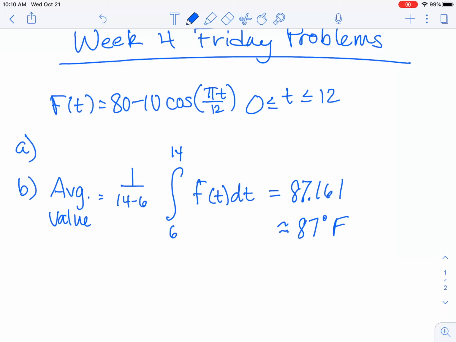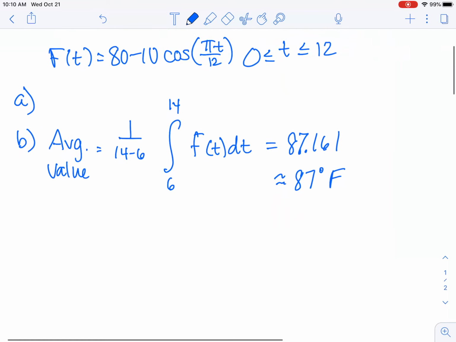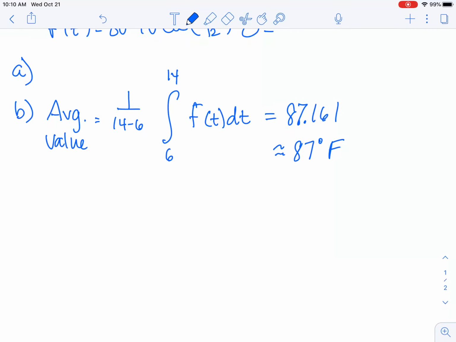Okay, for part C, it says an air conditioner cooled the house whenever the outside temperature was at or above 78 degrees. So what we needed to see is this function, 80 minus 10 cosine of pi t over 12, is greater than or equal to 78.